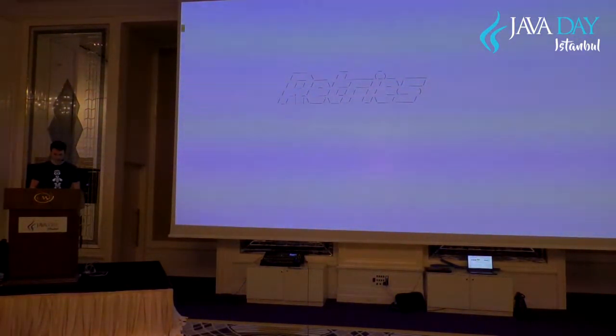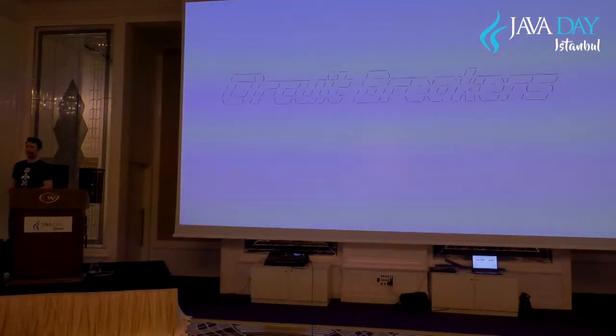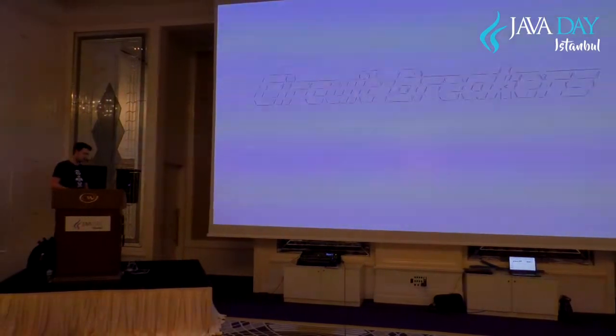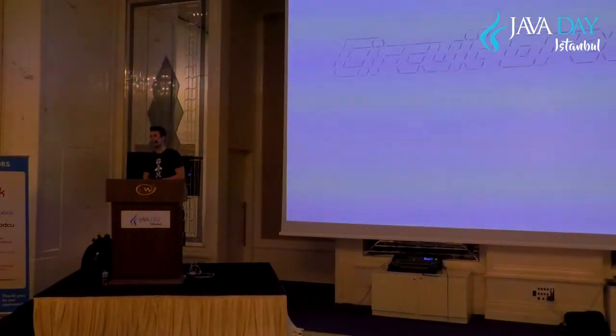What else is there is circuit breakers. These are probably quite known. So a circuit breaker basically tries to avoid calling any actions that are doomed to fail anyway, in order to prevent further damage, right? Very similar to circuit breakers in electrical engineering.